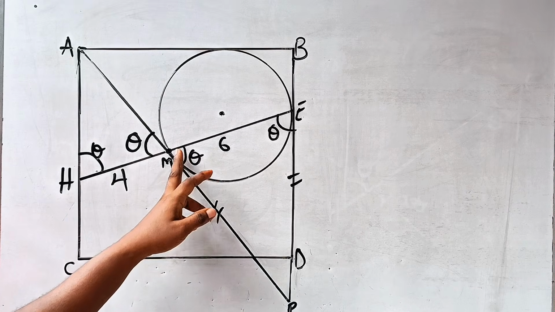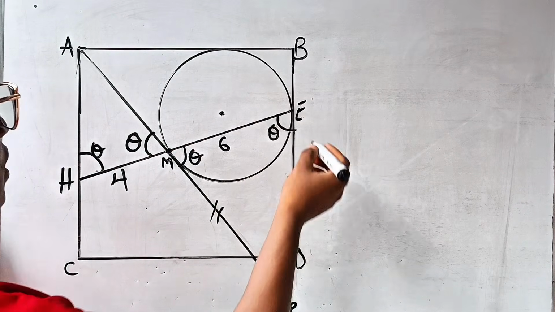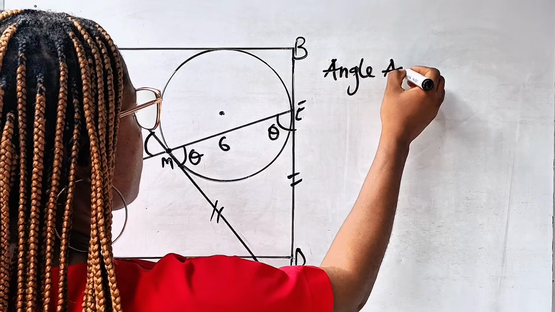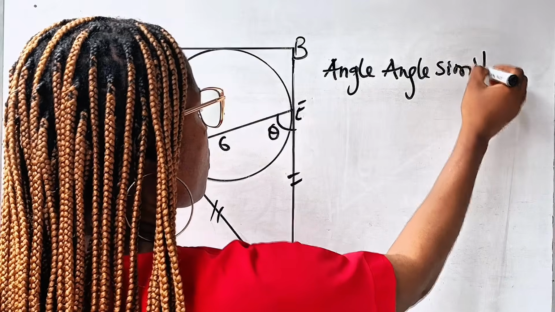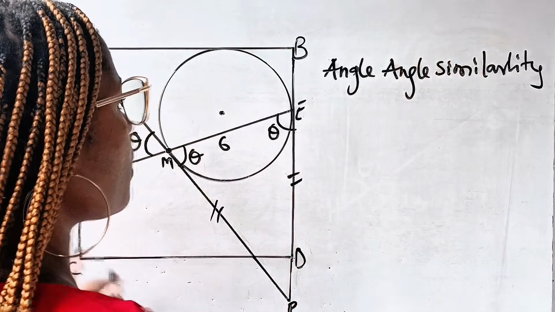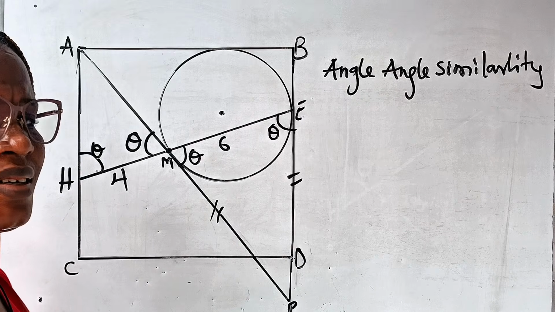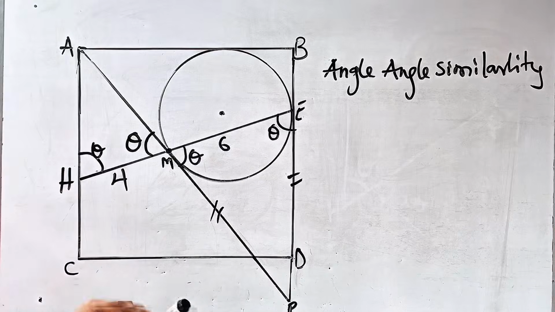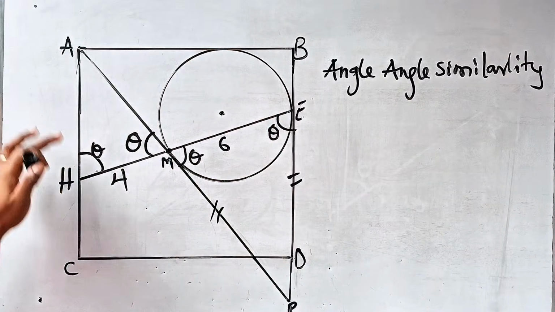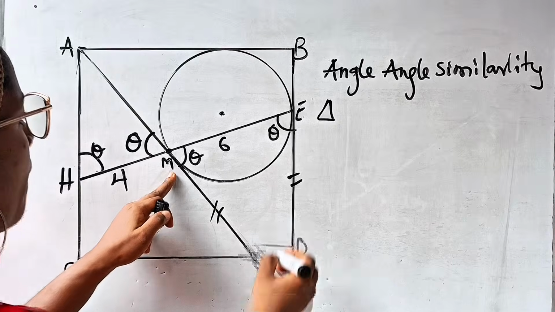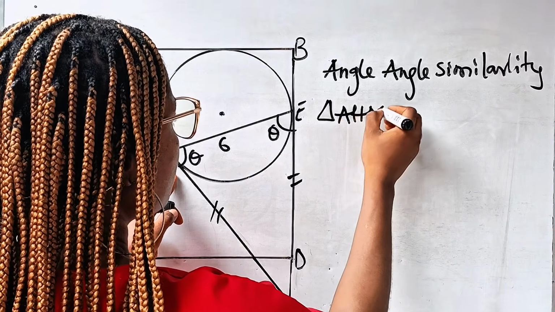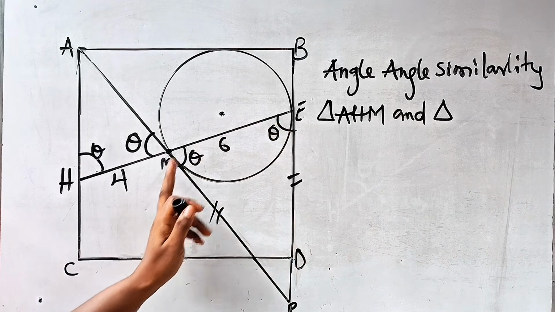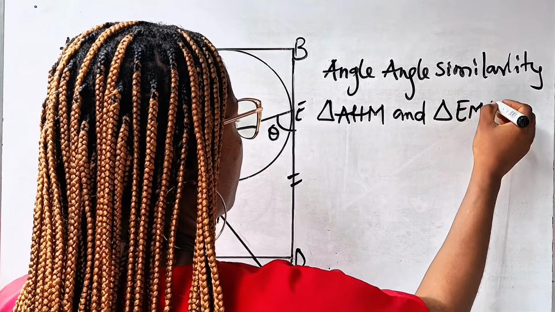It simply means that using angle-angle similarity, triangle AHM and triangle PEM, or MEP, are similar.